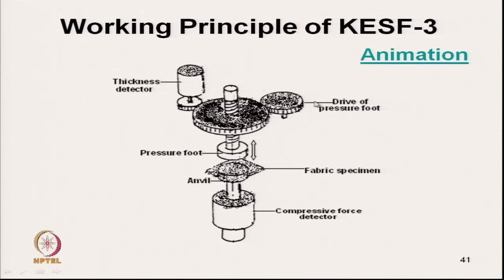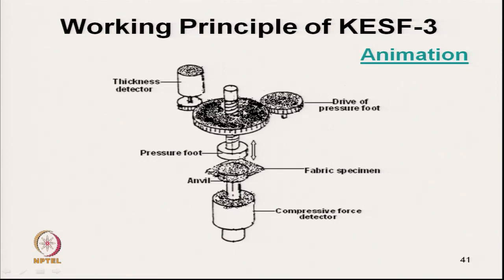The rotation of this disc is measured by the thickness detector, which is another transducer that measures the angle of rotation. From there it calculates the thickness.